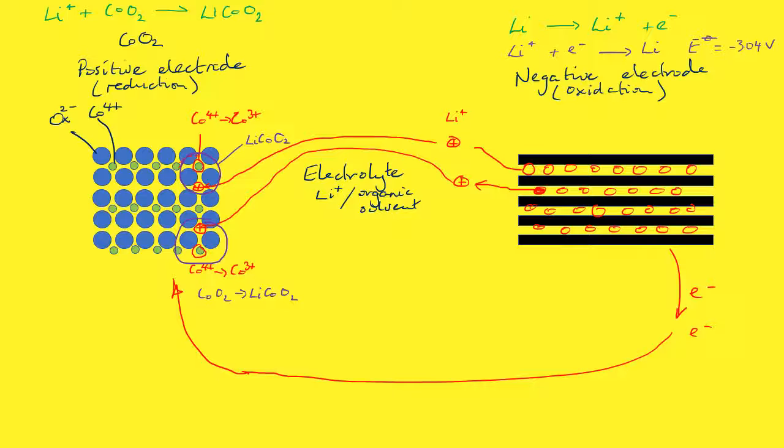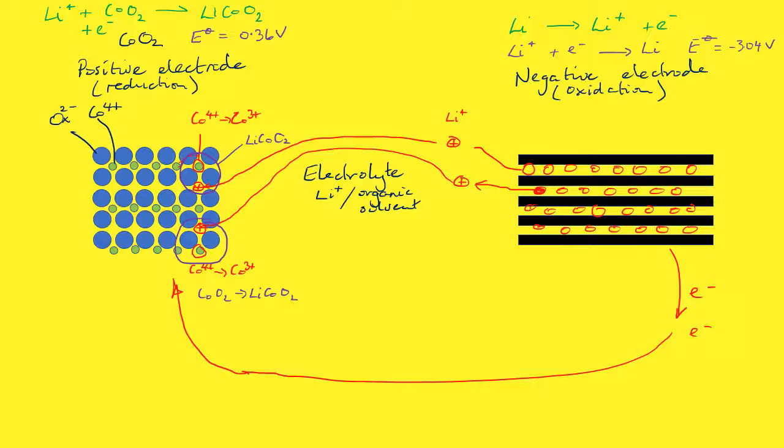And of course we needed the electron that came around this circuit that I've drawn in the red line there. And that we can leave in green, because that is the reduction reaction that happens. And the standard electrode potential of that reaction is about 0.36 volts.